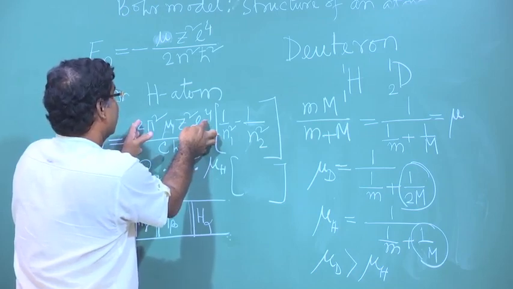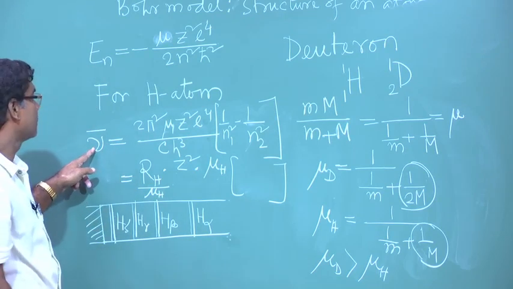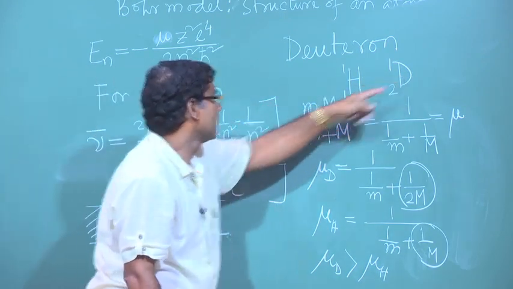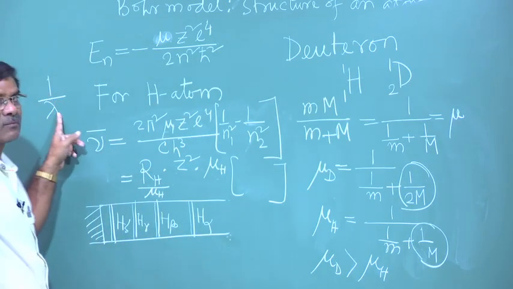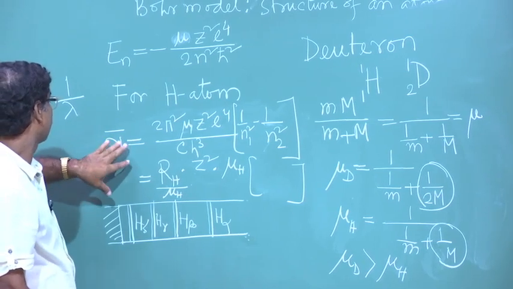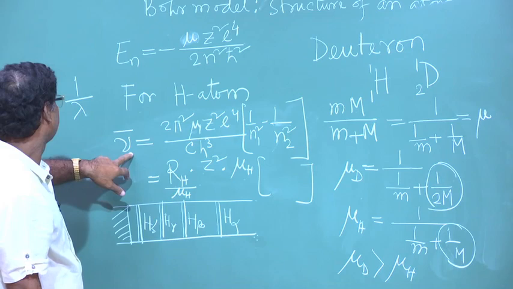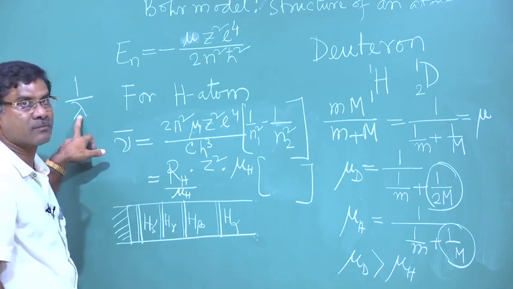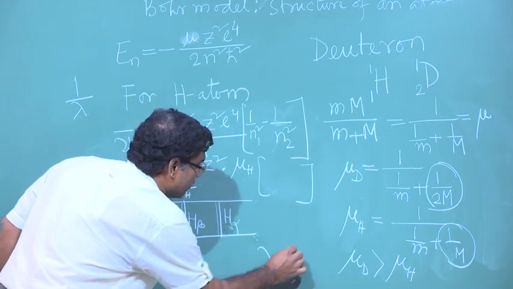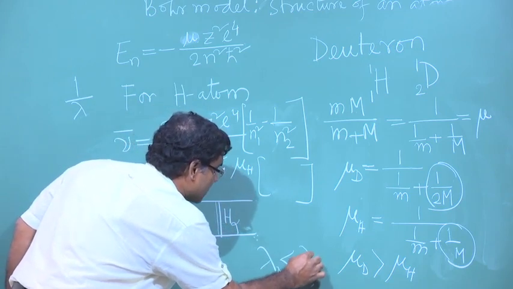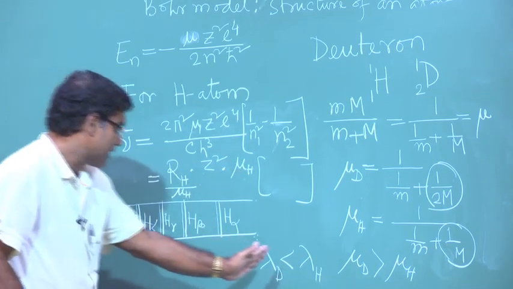This value will be higher. So nu bar will be higher for deuterium. What is nu bar? 1 by lambda. So nu bar d is higher, so lambda will be smaller. So lambda for d will be smaller than the corresponding lambda for hydrogen. Okay. So it will come on the lower side.